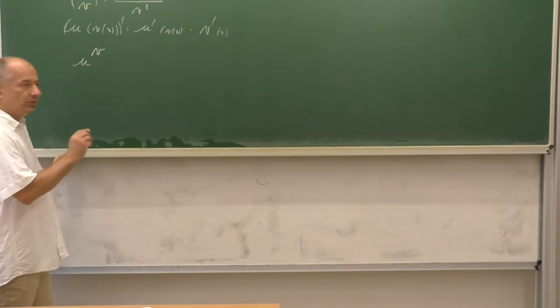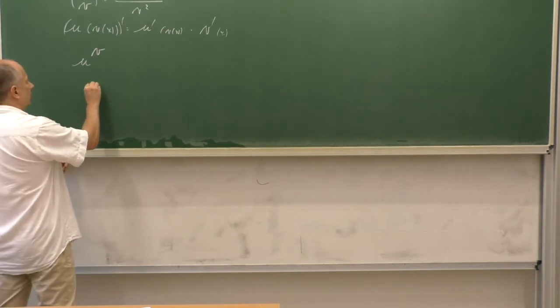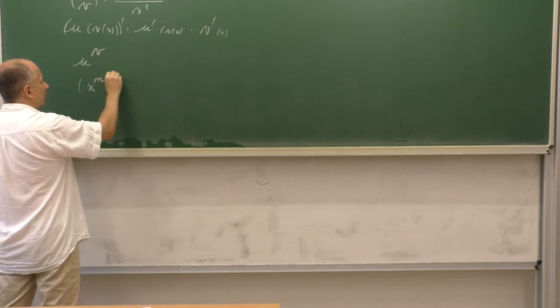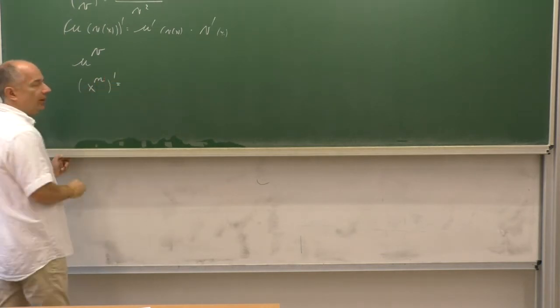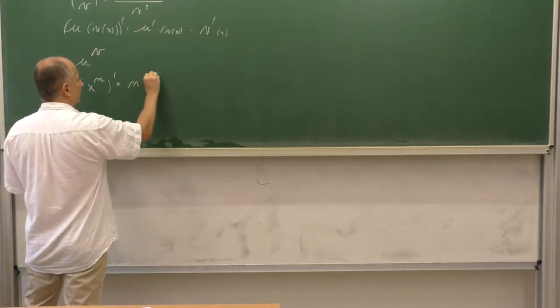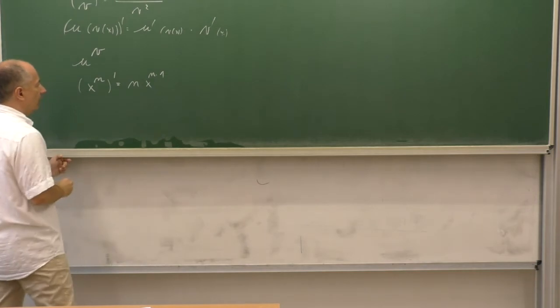Not to be confused with cases when the exponent is constant. When the exponent is constant, we have the formula n x to n minus 1.